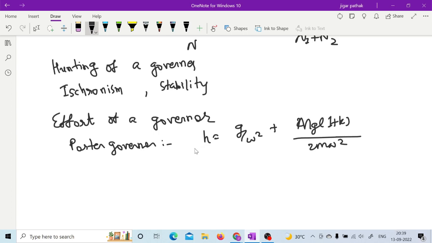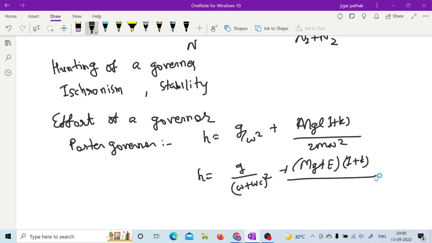And what will happen is certain effort is required, right? So whatever dead weight is there, mg, it will have certain effort, that is mg plus e. So your new h can be written by changing omega to omega plus c omega and mg to mg plus e, right? So this is how you can change it.